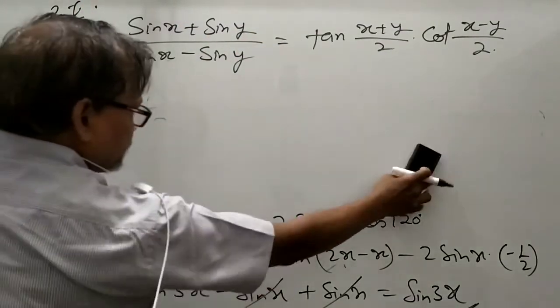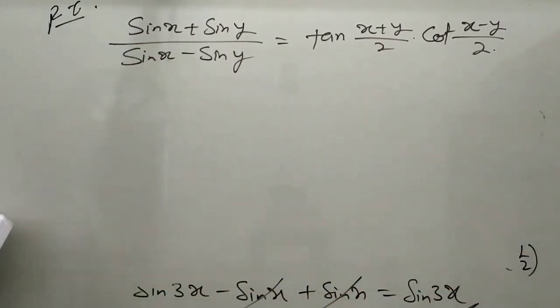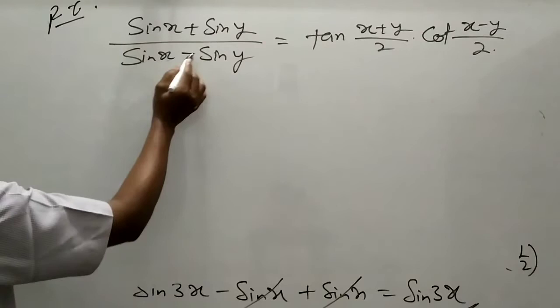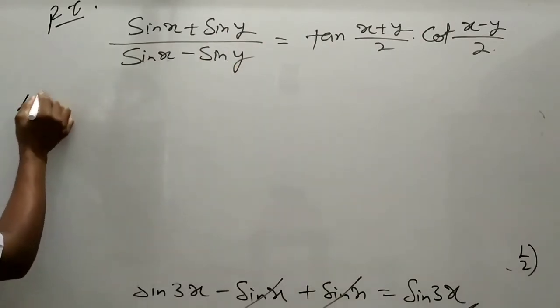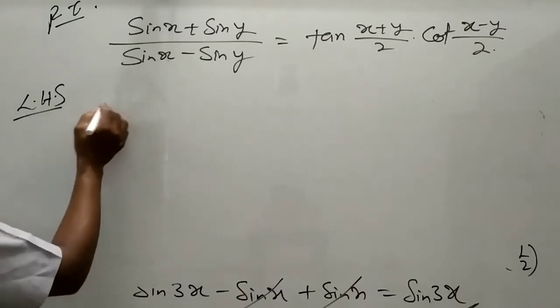How to show? Using the formula of sin c plus sin d, sin c minus sin d. So in the left hand side use the formula sin c plus sin d and sin c minus sin d.